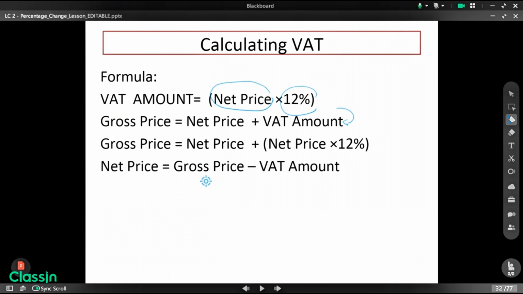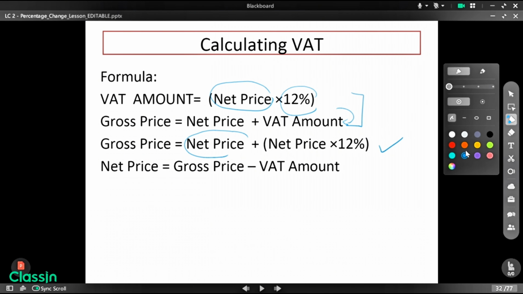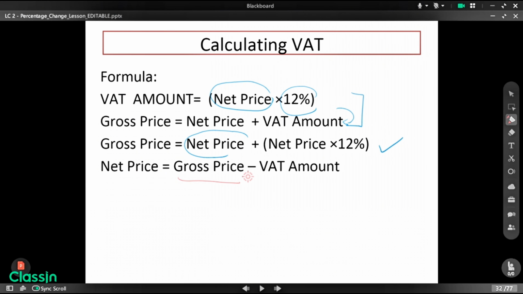Another formula in getting a gross price, we can use net price plus net price times the VAT. It is the combination of the two.